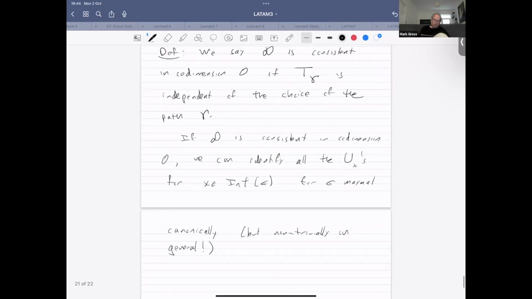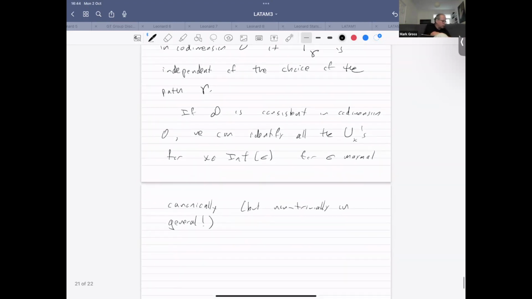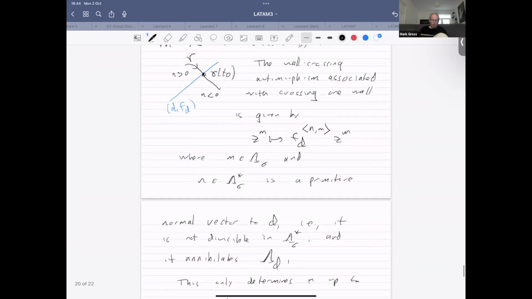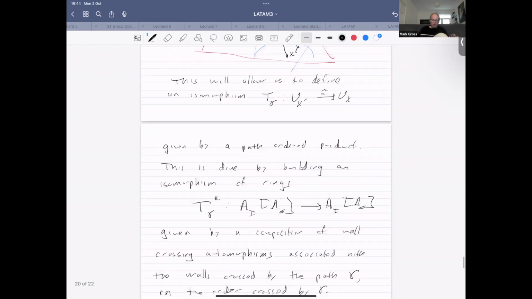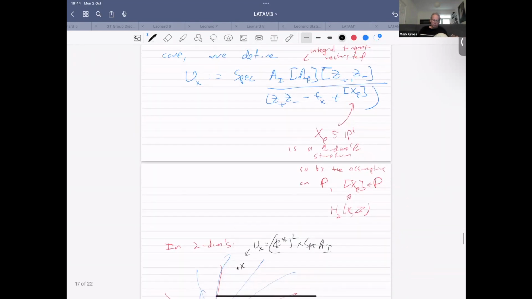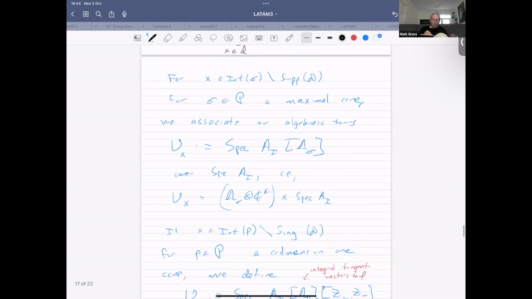Okay, so that's consistently in codimension 0. Now, so far, if you recall, I had two sorts of these things I was calling models. So we have these ux's, the first set of ux's, which I've been talking about.